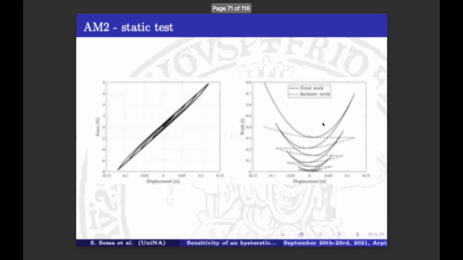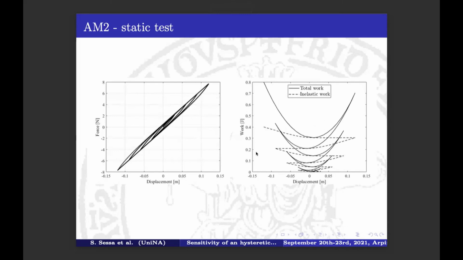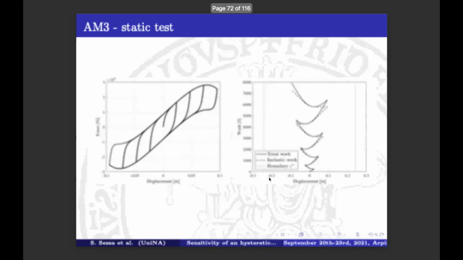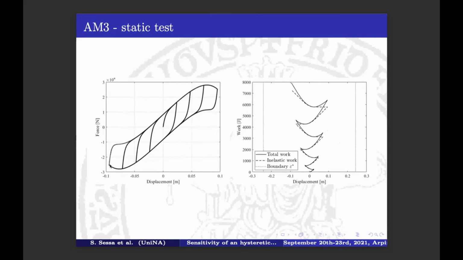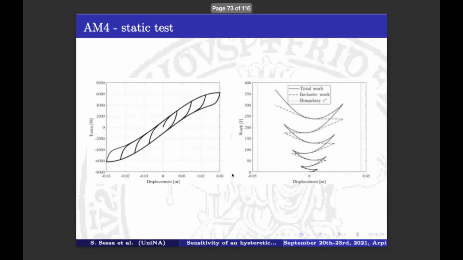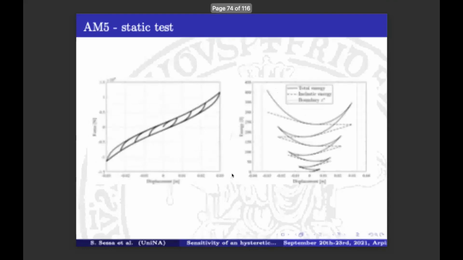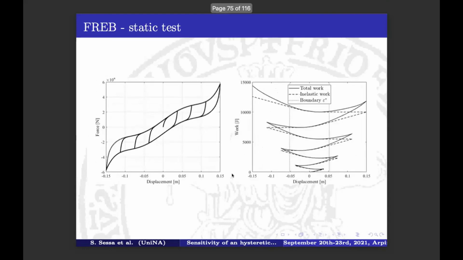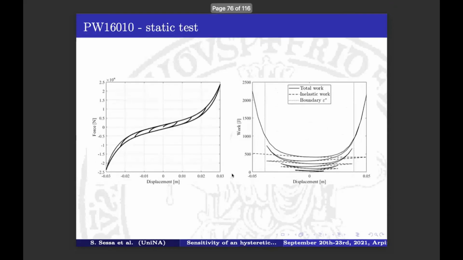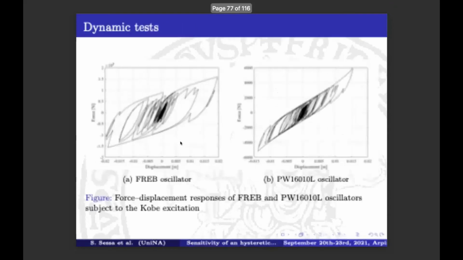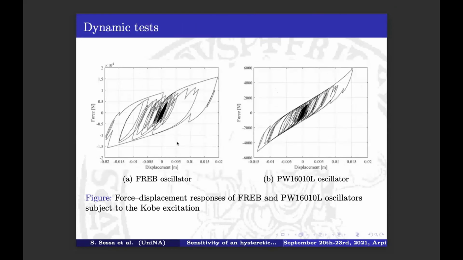And there are some future examples like this one. This one is more tricky. Actually, here there is the unloading curve that is definitely not elastic, and also this one. But the most interesting ones are the two seismic tests.